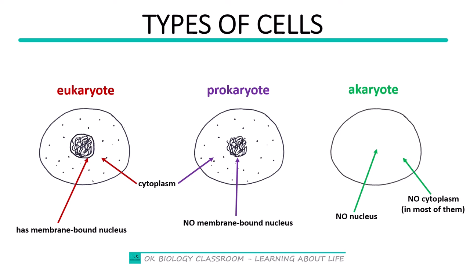Eukaryotes have a membrane-bound nucleus and they also have cytoplasm. Although I'm saying the focus is on the nucleus. And prokaryotes do not have a membrane-bound nucleus. They have the genetic materials, alright, the full genetic materials, but they do not have membranes surrounding them. But in the case of akaryotes, there is no nucleus. And in most of them, there is no cytoplasm.